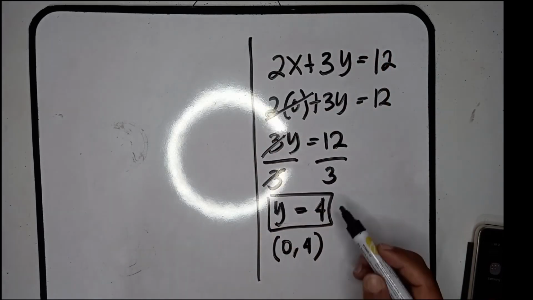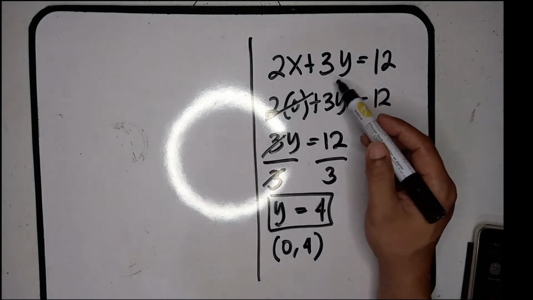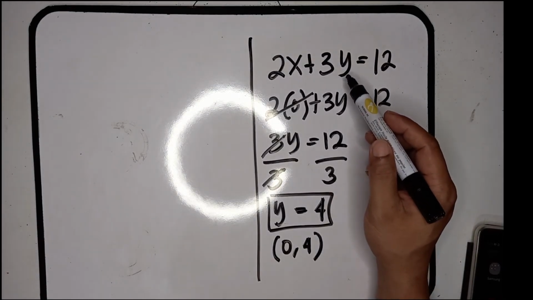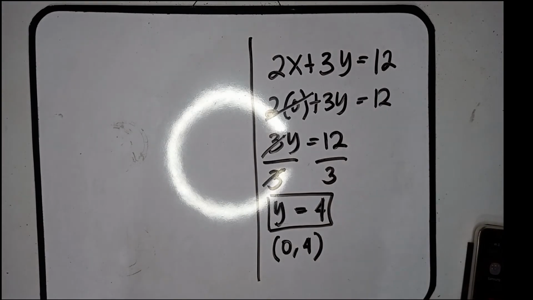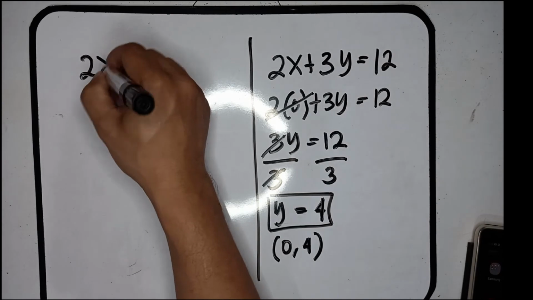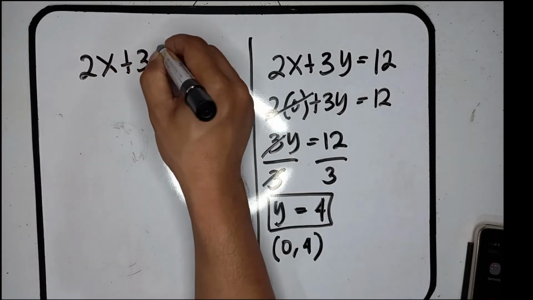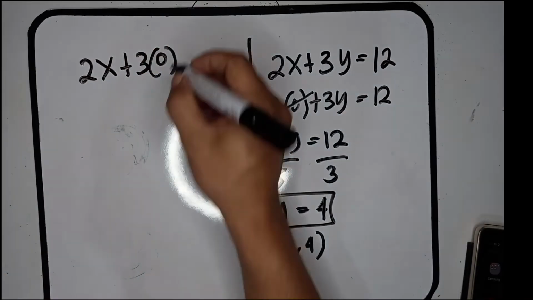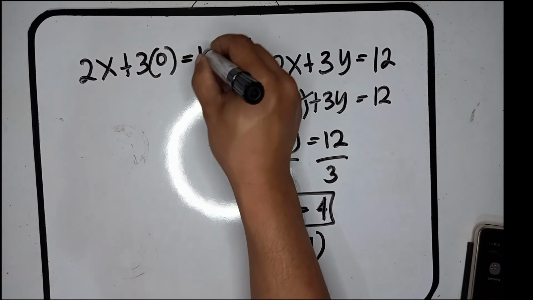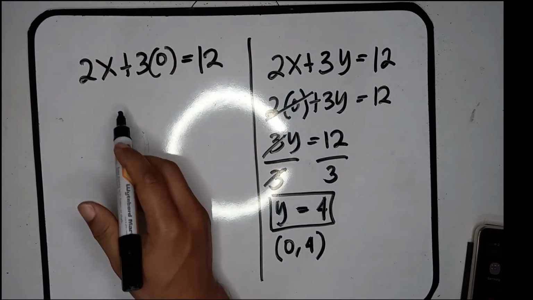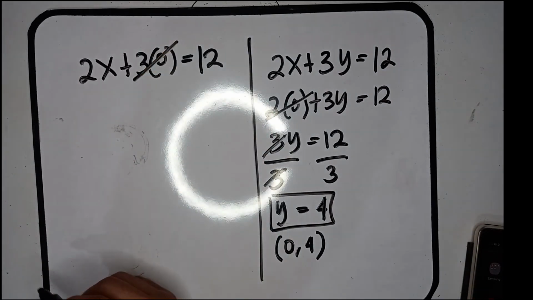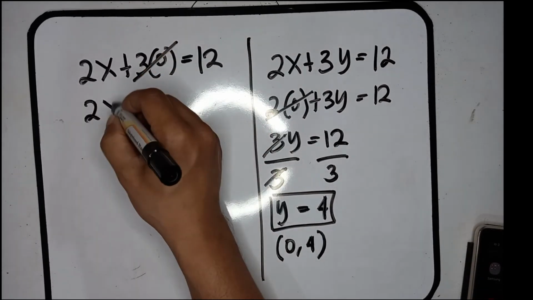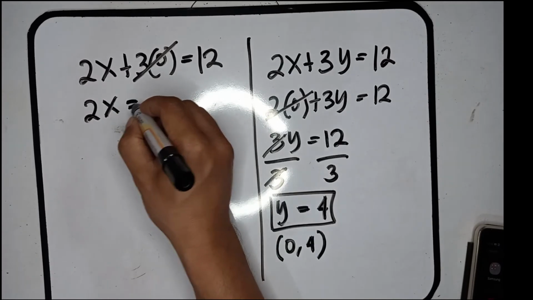Okay, let's have another one. Let's try to find the value of x, so we have to turn y to 0. Okay, so 2x plus 3 times 0 equals 12, and of course this will go away. What we're left with is just 2x equals 12.